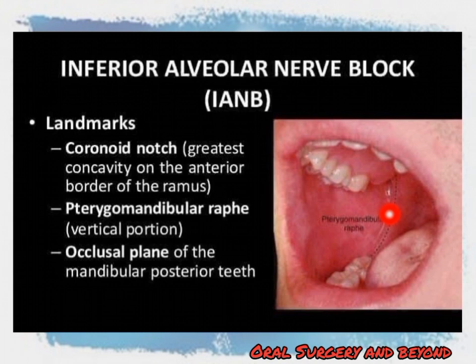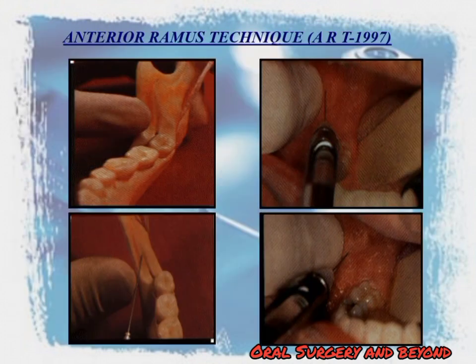It's a very key point I am telling you, and we have to start from the opposite premolar, so our direction is toward this. We hold the ramus in one hand and insert from this end, always 5 to 8 millimeters above the occlusal plane of the mandibular teeth, right? So these are the important landmarks we have to keep in mind.